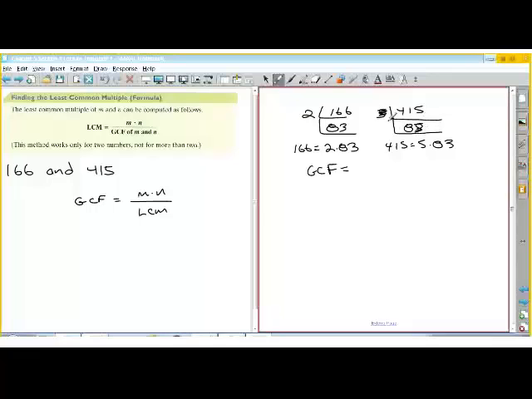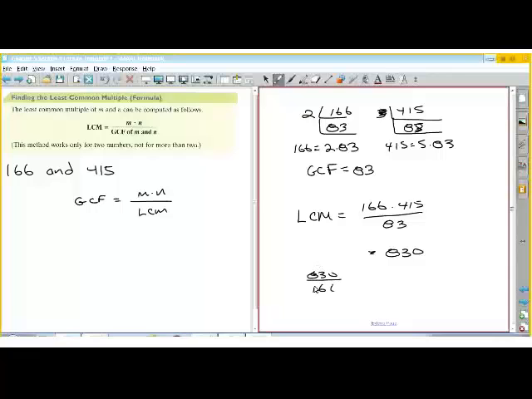For the greatest common factor, you just take the ones that are common to both, which is 83, raised to the first power. So the least common multiple is going to be 166 times 415 divided by 83.